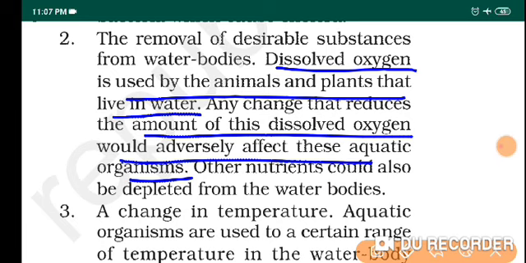Now, if the dissolved oxygen content is less, that life will be affected. Now, how will the content of oxygen in the water reduce? If there are other substances which are preventing the solubility of oxygen, then it can lead to depletion of the oxygen level, and that will lead to the death of life in the water.